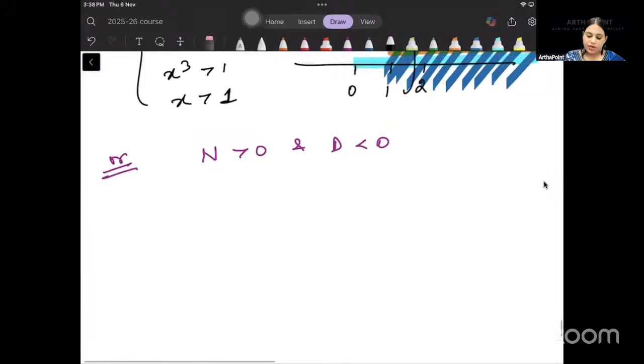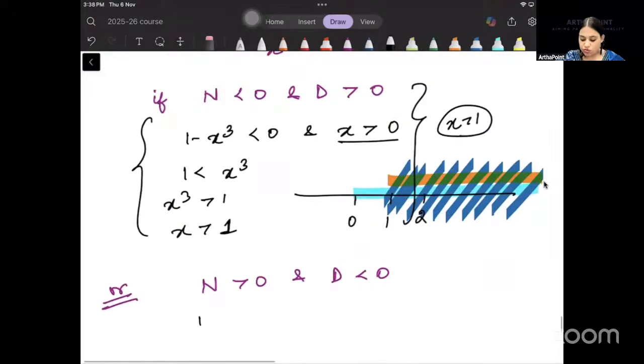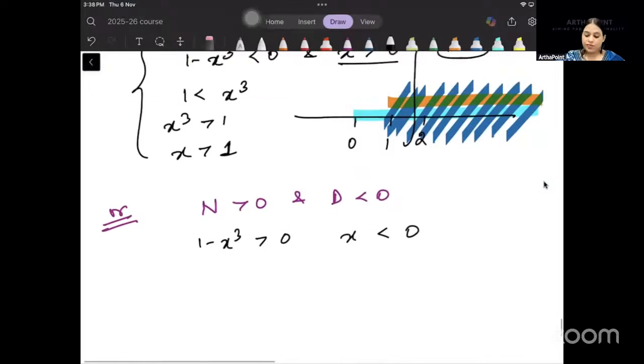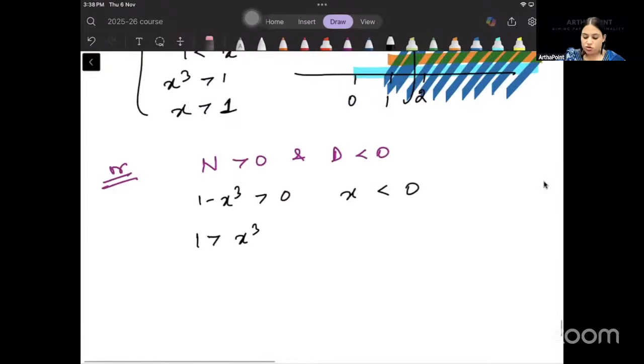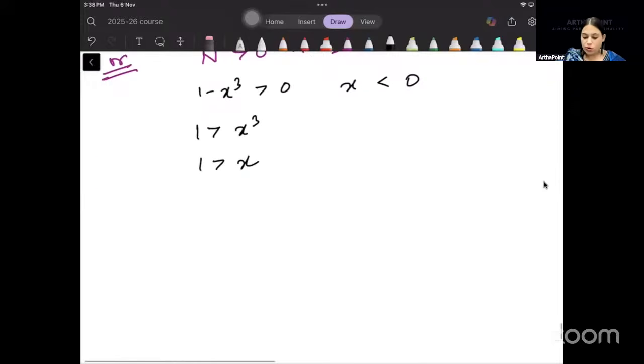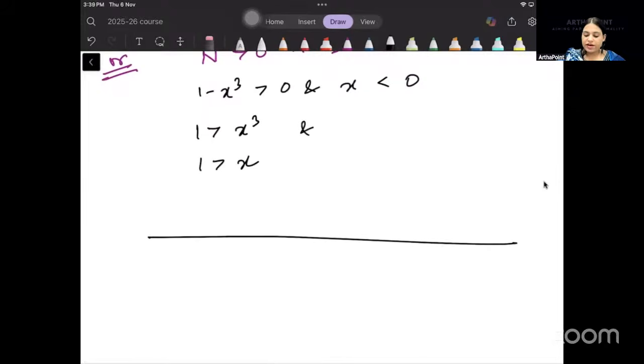Now look here, numerator greater than 0 and denominator less than 0. So 1 greater than x cube, 1 greater than x. So x less than 1. If I club these two, what do I get? x less than 1, and x should be less than 0.